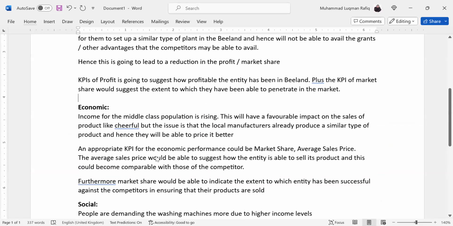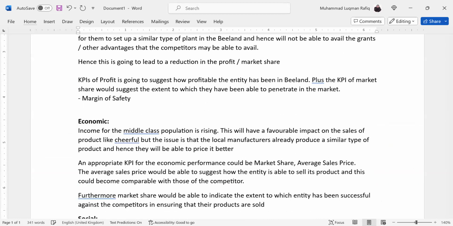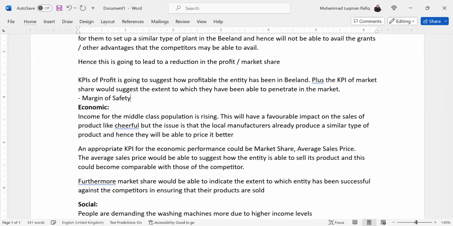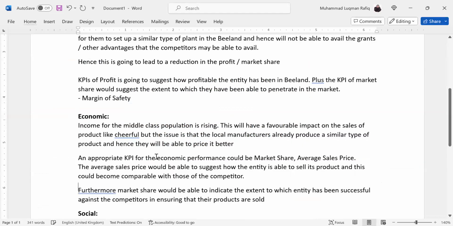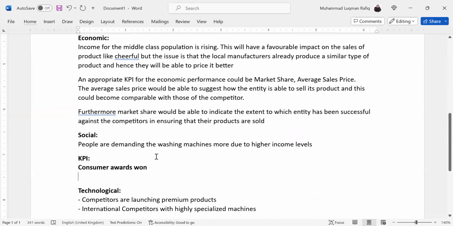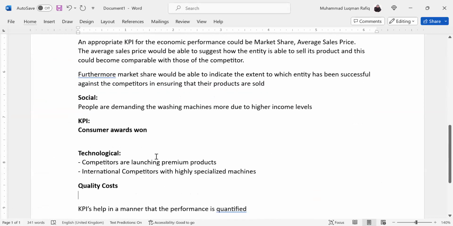Even here, we could have actually mentioned the margin of safety also. The technology could also be contribution per unit. That could also be the case. Do you people have any inputs on this, please?